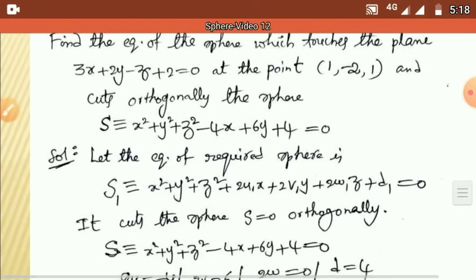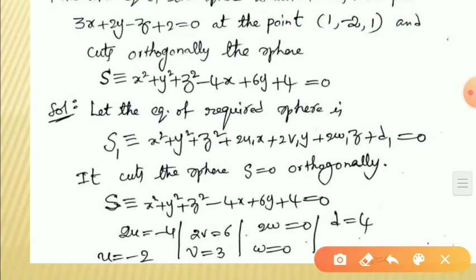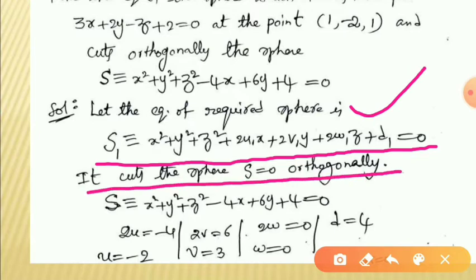Let the equation of the required sphere be S1 = x² + y² + z² + 2u1x + 2v1y + 2w1z + d1 = 0. Suppose this is the equation of the required sphere. That means the sphere cuts the sphere S = 0 given in the problem orthogonally.